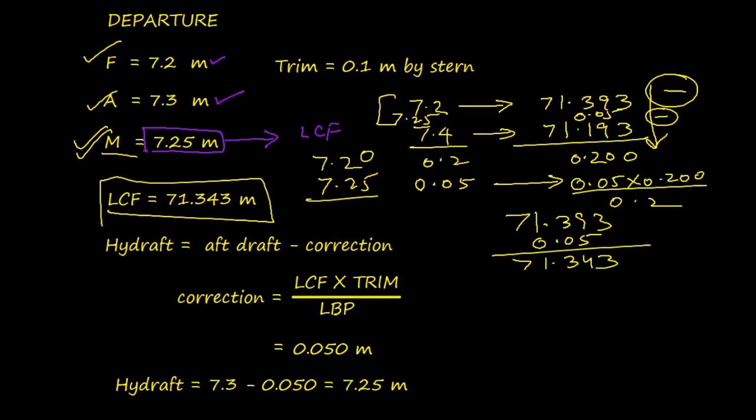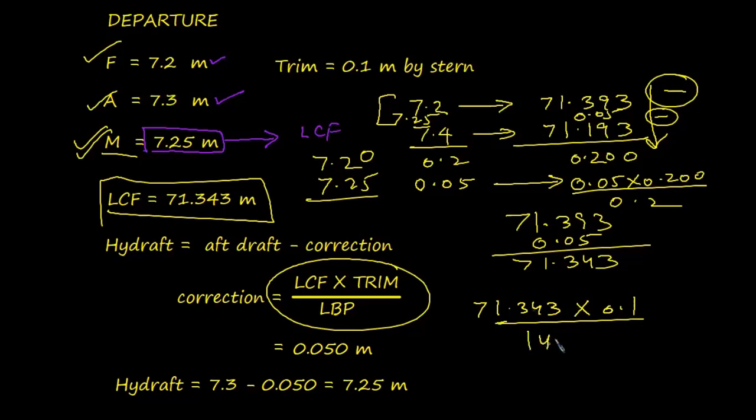Hydrostatic draft is half draft minus correction. The correction formula I gave you just now. And LCF is 71.343. Trim is how much? 0.1. Let me calculate, sir.